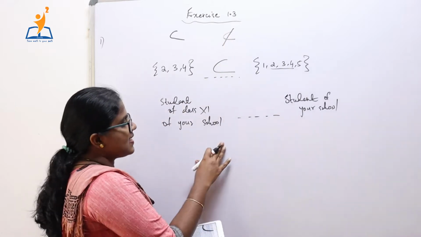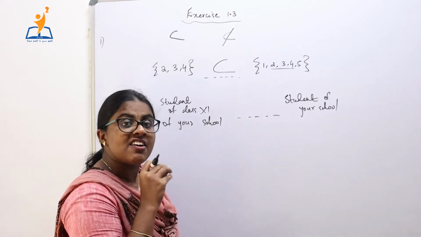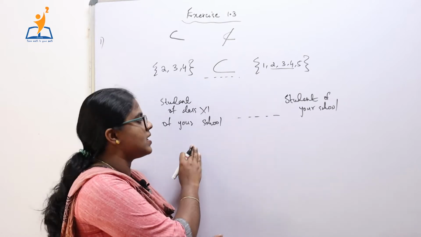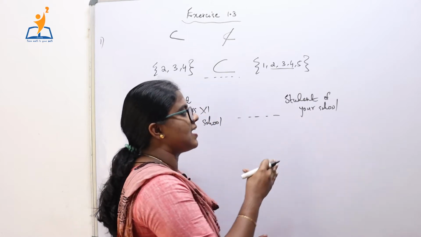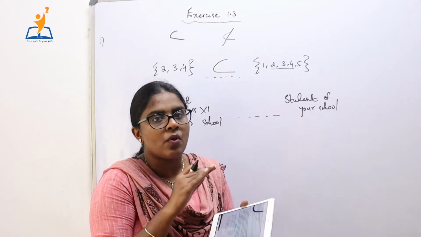In this set we have all students of class 11 of your school, that is, only the 11th standard students are present. But in the other set we have all the students, that is, students from all classes.